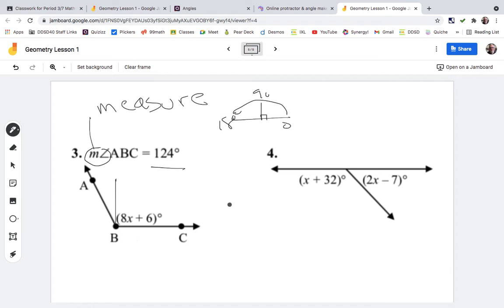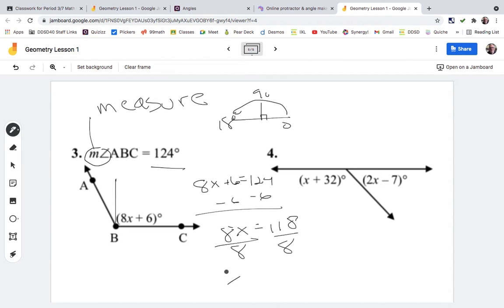So 8x plus 6 equals 124. We're going to subtract 6 from both sides. 8x equals 118. So we're going to divide by 8.